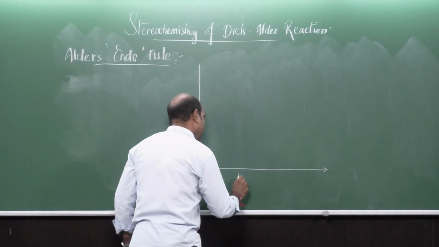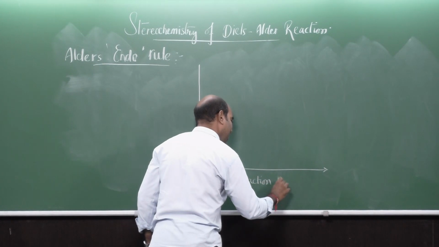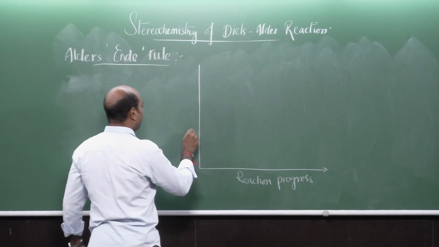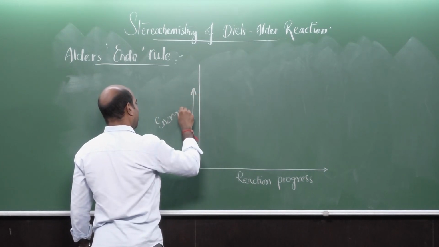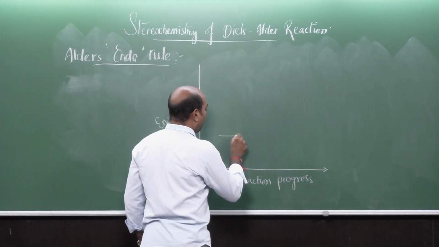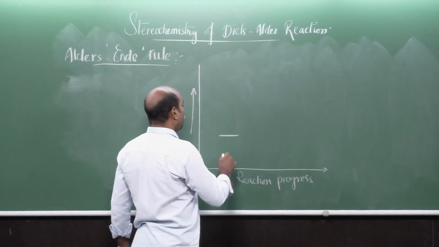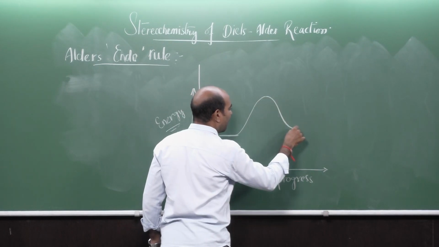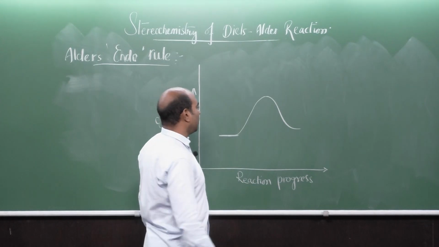Now if you see the energy profile for this particular reaction, this is the reaction progress, the x-axis, and this is energy, right. Our reactant molecule has a certain amount of energy, and upon giving some activation energy, they are converted into products, right.